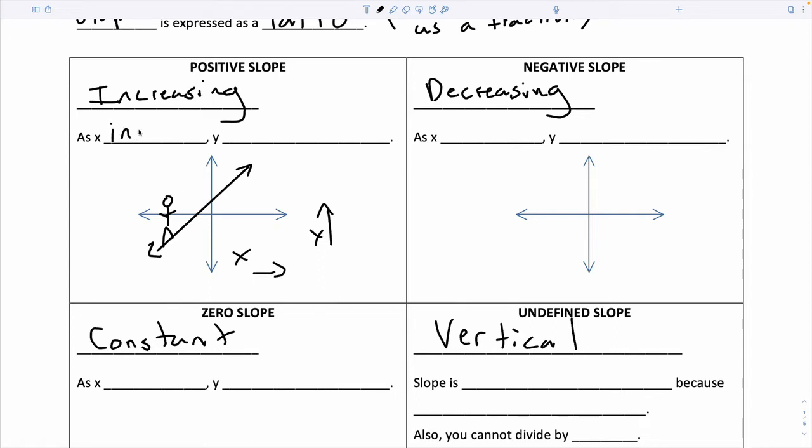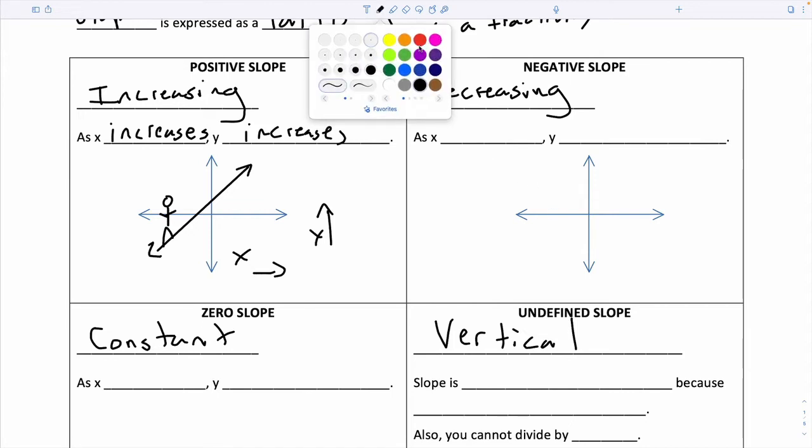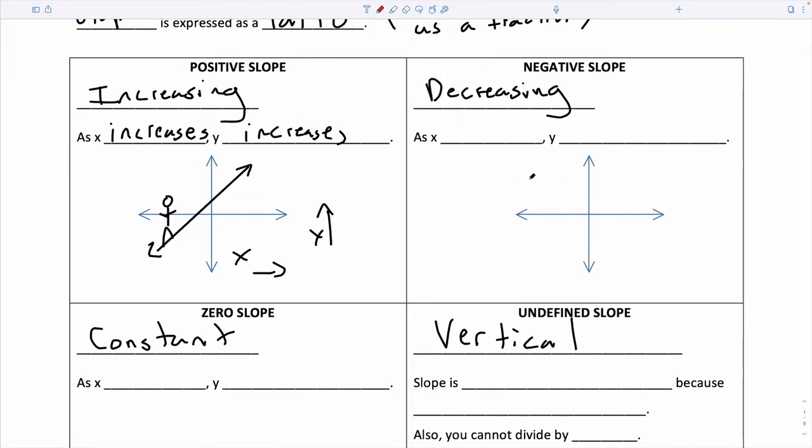Put increase and increase if you have it. Describe what decreasing would look like. Kira Bentley. Good. As x increases, y is going to go down. Y decreases.